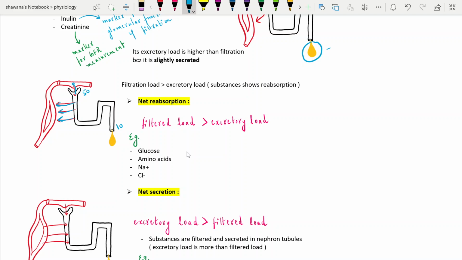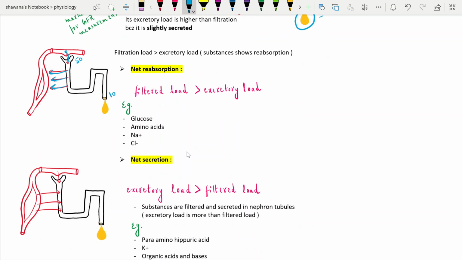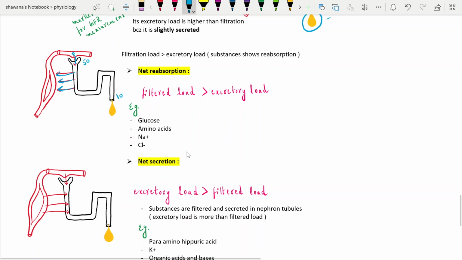So we can write that the filtration load is higher than the excretory load, because there is tubular modification, there is net tubular reabsorption of that substance. Examples are the physiological reabsorption of glucose, amino acids, fatty acids, chloride, and sodium. There can be a lot of examples of reabsorption.